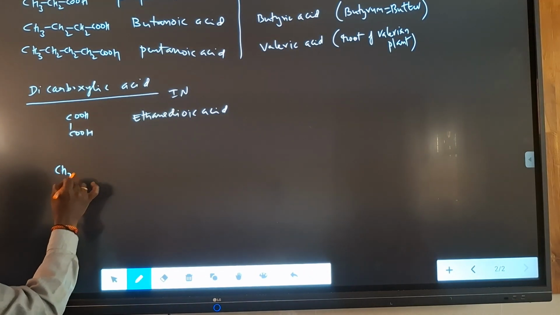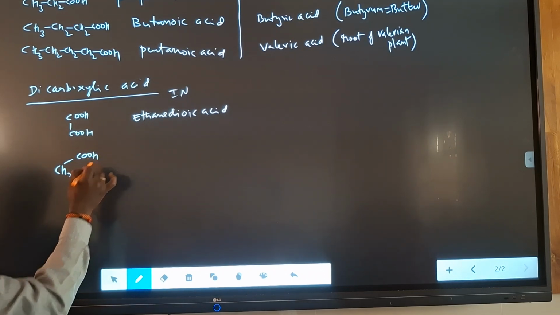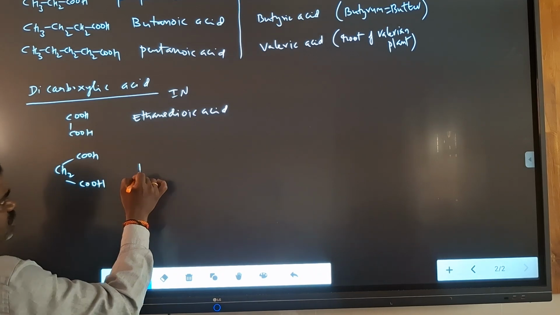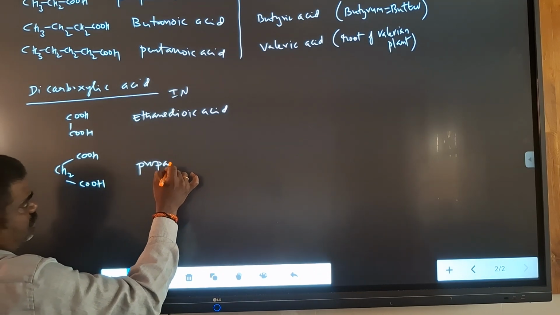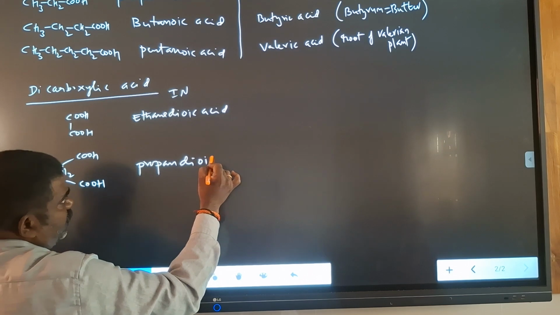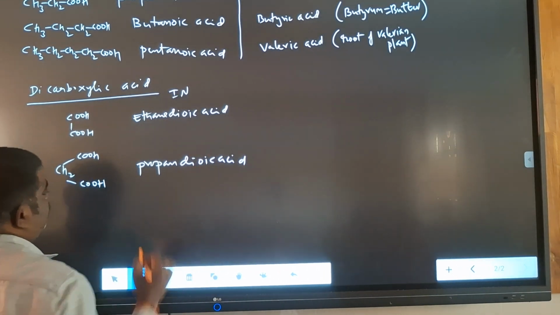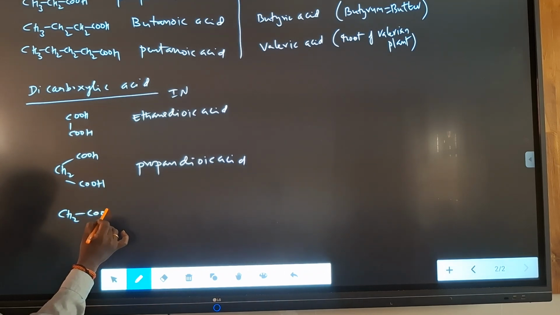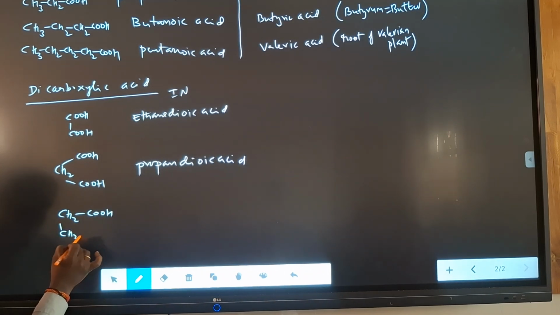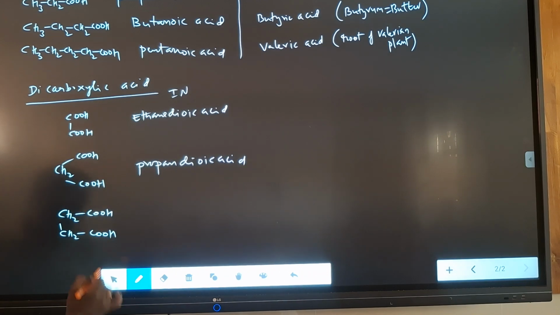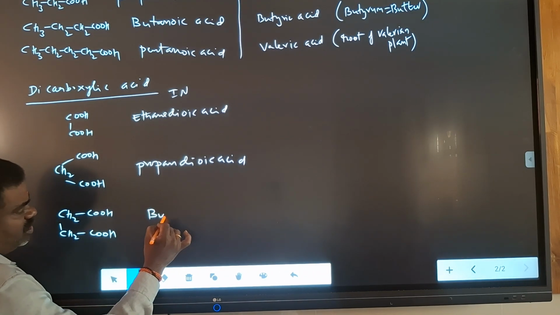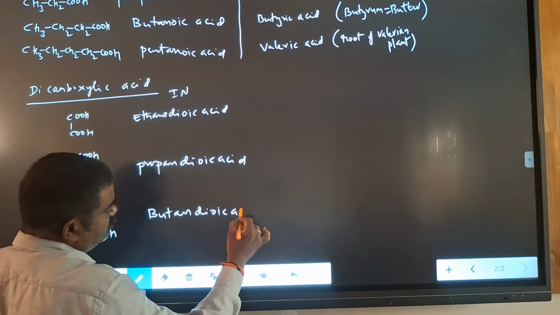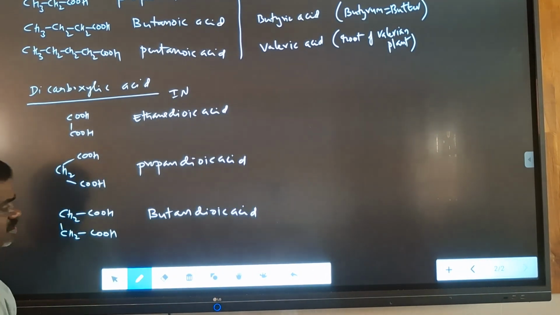And CH2(COOH)2, the IUPAC name is propanedioic acid. Another one is CH2COOH and CH2COOH, which is butanedioic acid.